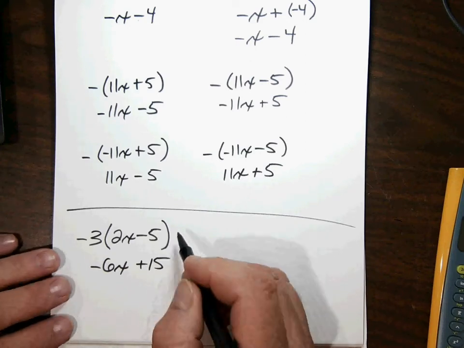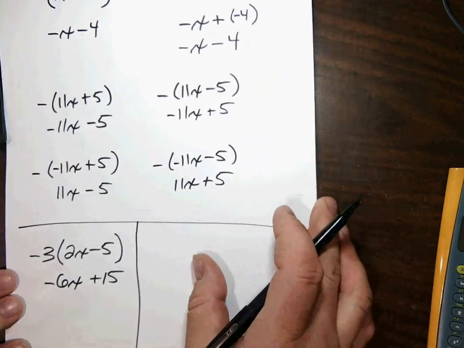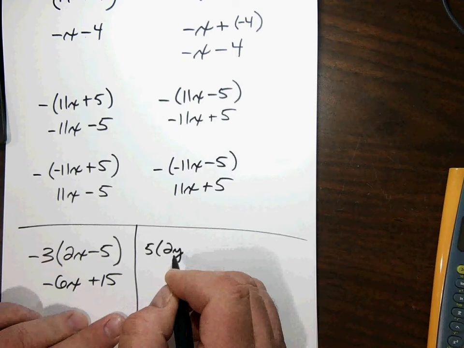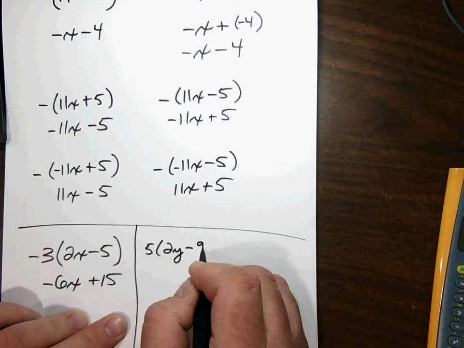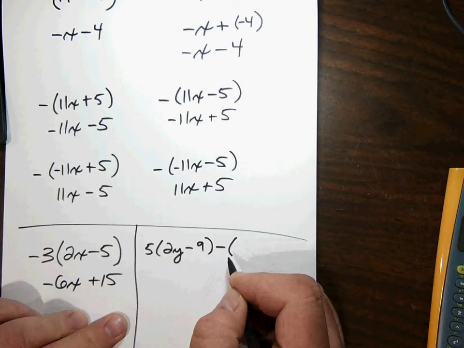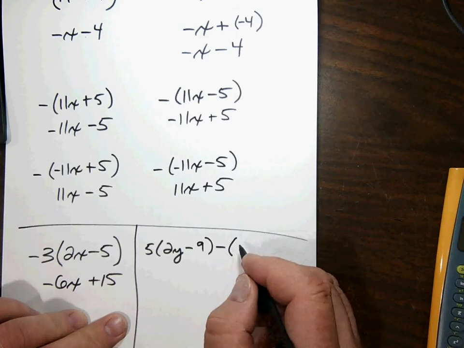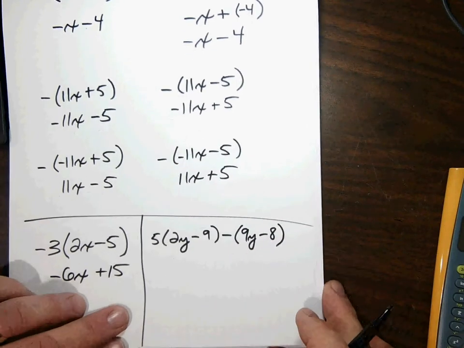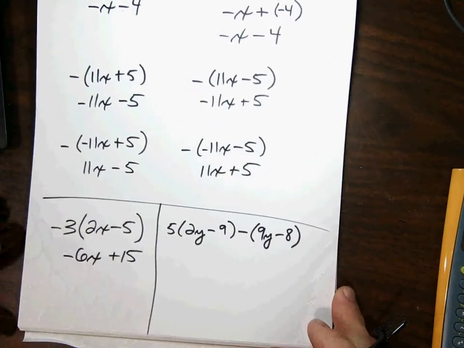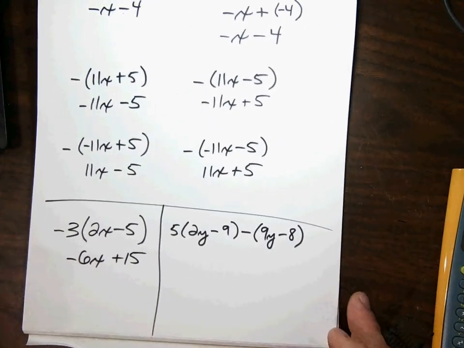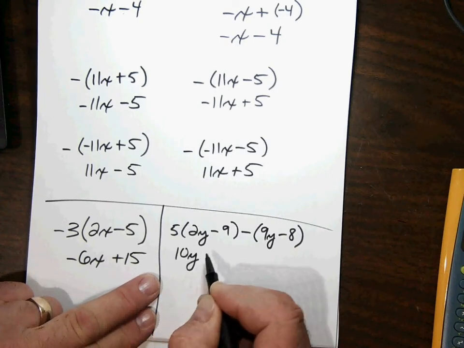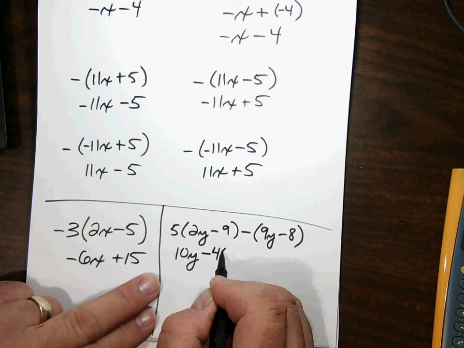And let's trick this last one up here. Let's do 5 parentheses 2y minus 9, minus parentheses 9y minus 8. Oh yeah, we got a lot there. We can do it. I'm going to distribute my 5 across. So what's that going to give me? 10y minus 45.